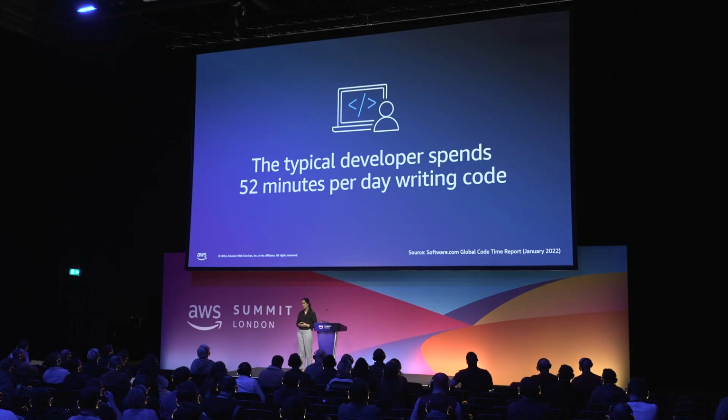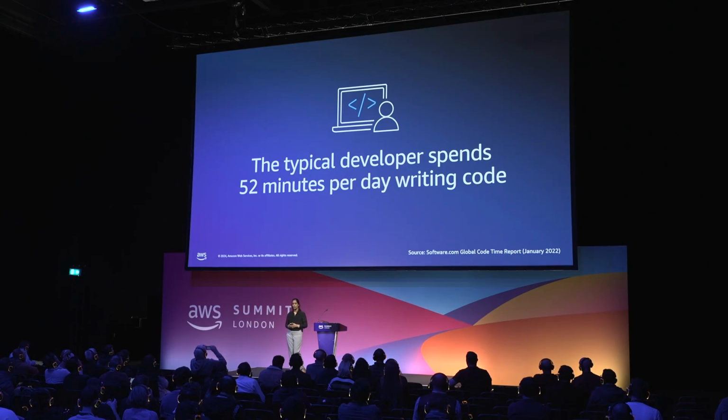Here's another analysis by software.com. Data was collected from more than 250,000 developers worldwide over a span of 3 months. And this is what they found. The median time that a developer spends writing and editing code is less than 1 hour a day.